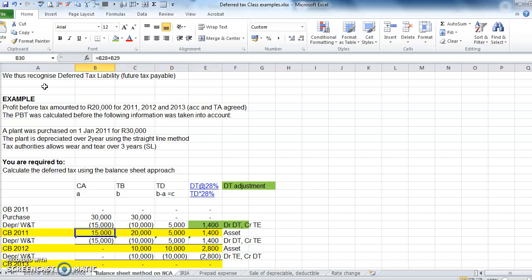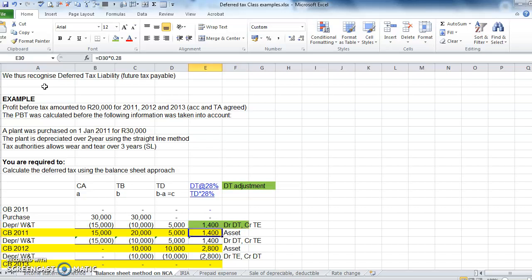Alright, so the closing balance for 2011 of our asset is 15,000. The tax base is 20,000. We have a temporary difference of 5,000, and then our deferred tax balance is 1,400, right? So remember, we need to go and recognize our deferred tax adjustment.